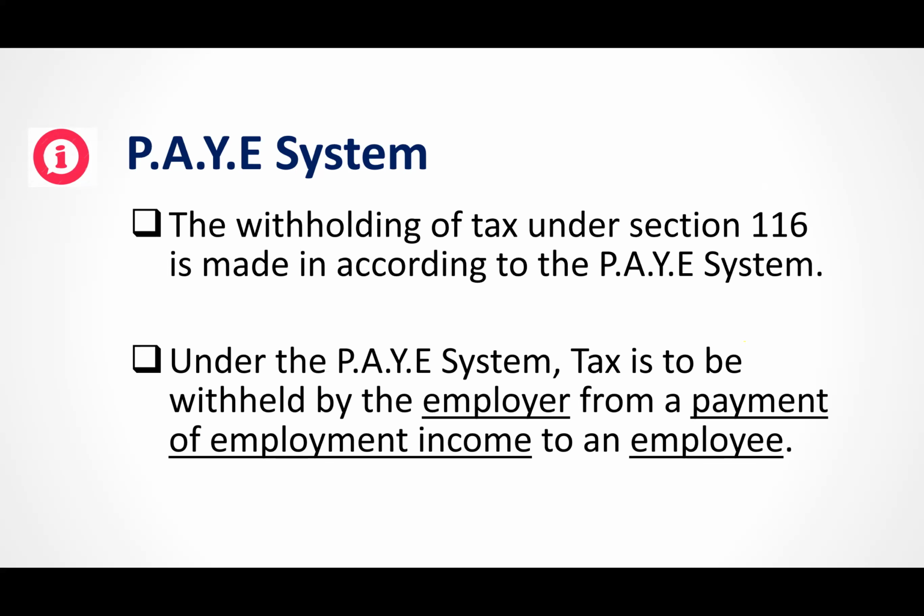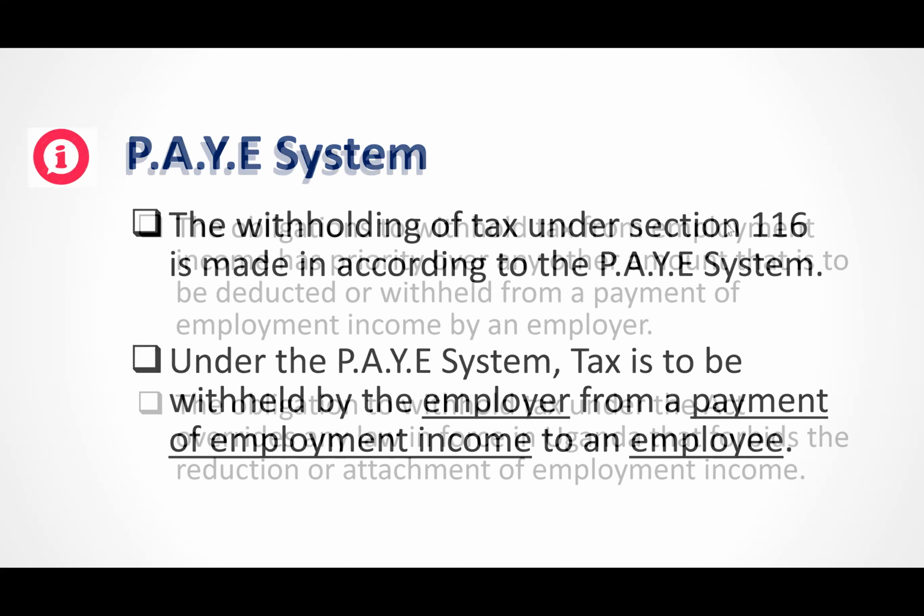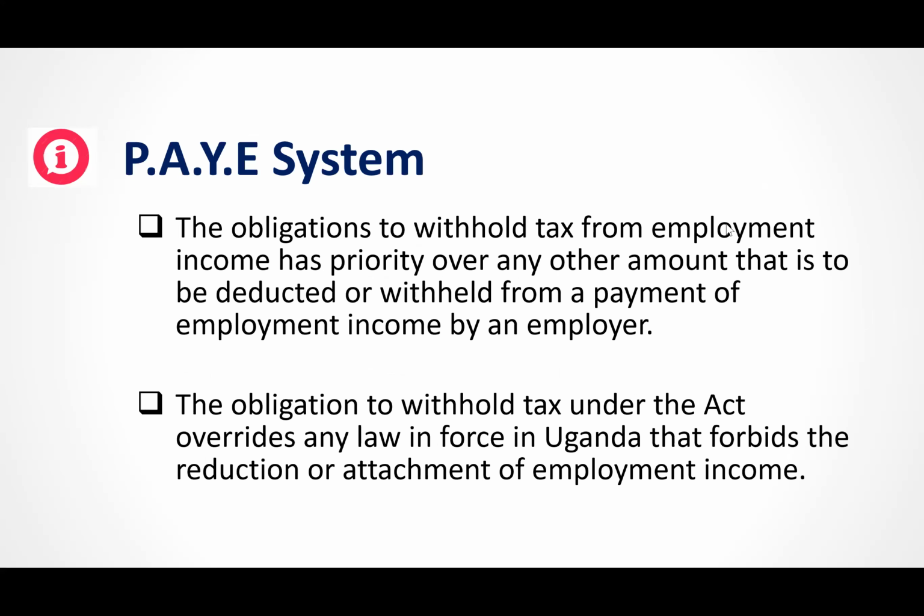And under this system, tax is to be withheld by the employer from any payment they make of employment income to the employee. Pay as you earn. You only pay as you earn. So as they earn, as they receive the payment, they pay the tax. That's how it works. The obligation to withhold tax from employment income has priority.